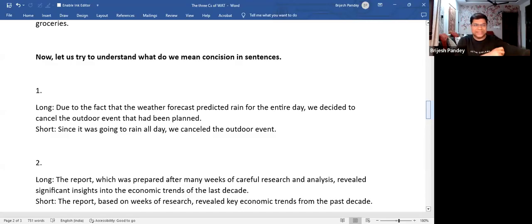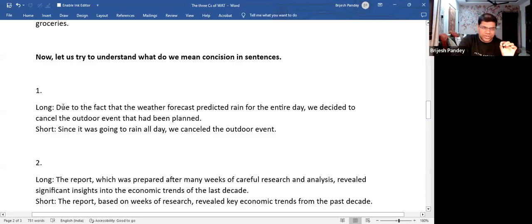Now, look at this sentence here. There is a long sentence given to you, and there is a shorter version of that sentence. You can compare these two. The long sentence says, due to the fact that the weather forecast predicted rain for the entire day, we decided to cancel the outdoor event that had been planned.